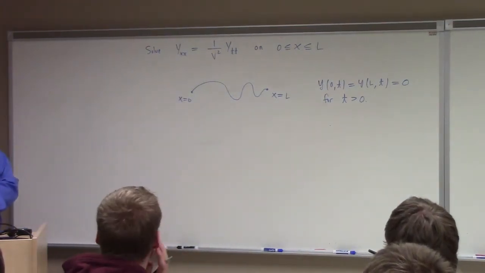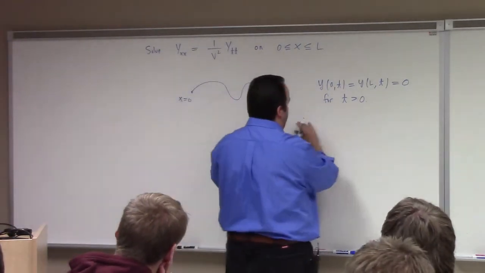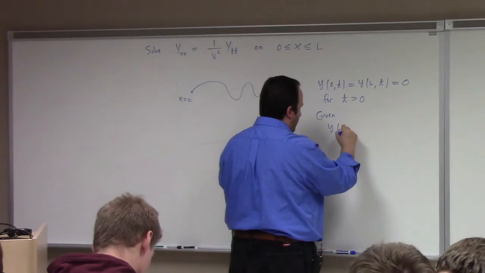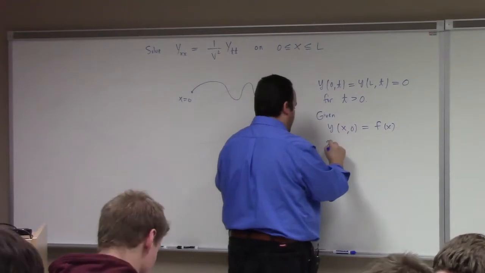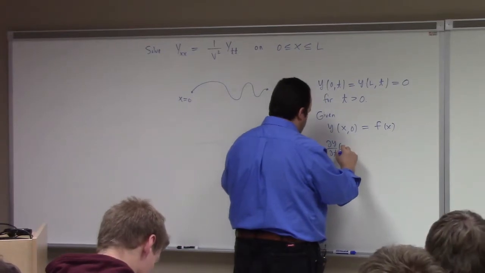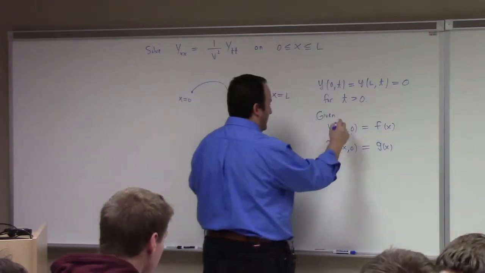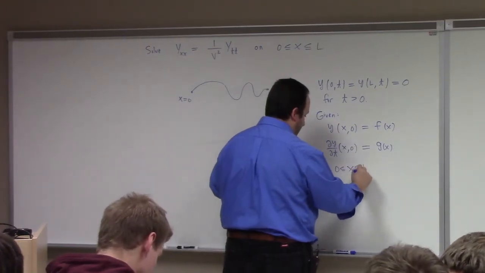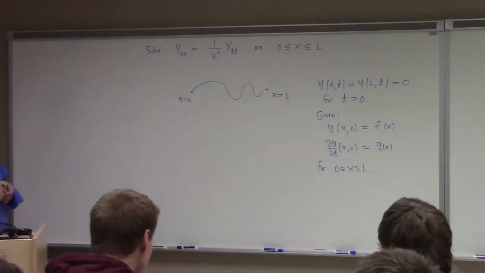In particular, given y of x comma 0 equals, let's say, f of x, and partial y, partial t at x comma 0 is equal to g of x, for 0 less than or equal to x less than or equal to L. So we have boundary values, and we also have now 2 initial conditions.